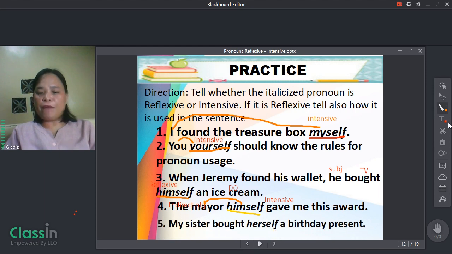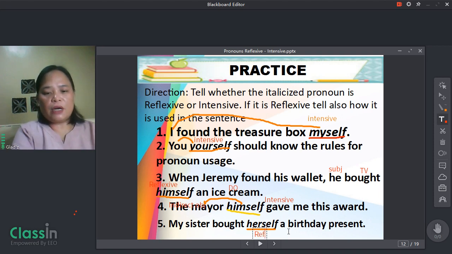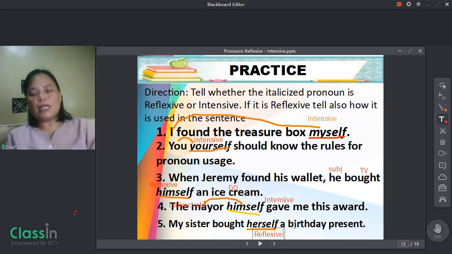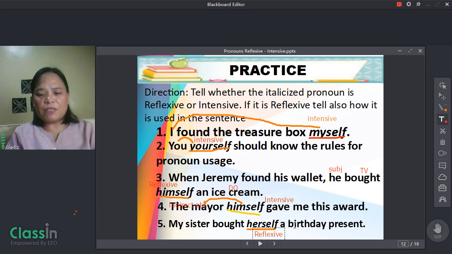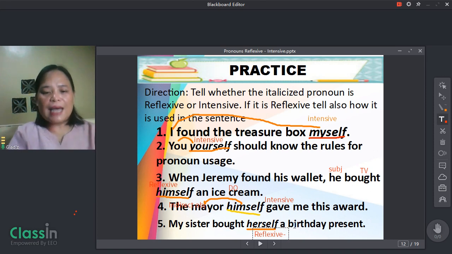For number 5, the italicized word there is herself. My sister bought herself a birthday present. In this sentence, the compound pronoun herself is a reflexive. What use of reflexive is this? It is used as an indirect object.